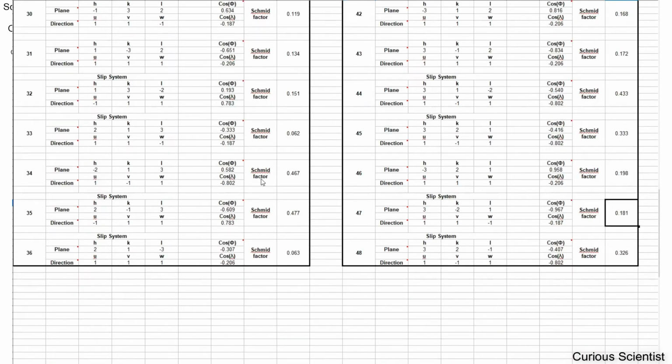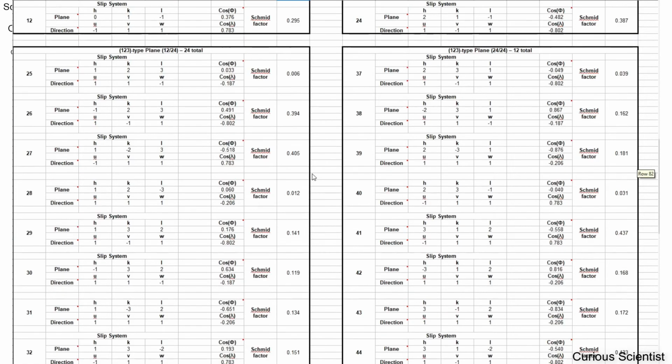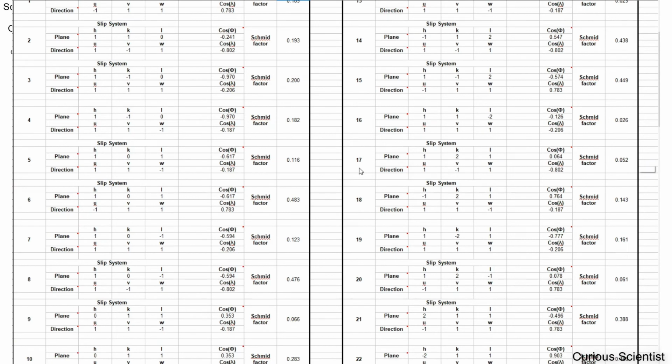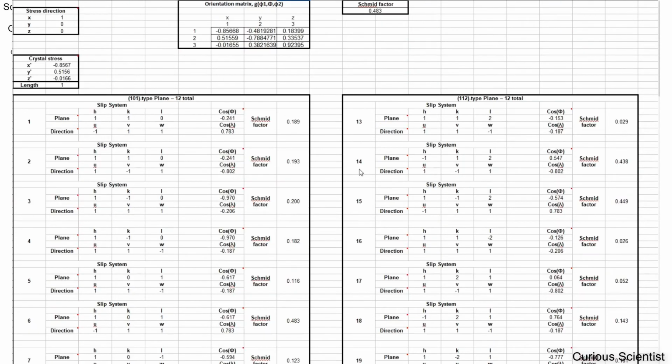I also did a trick here, that I don't care about the directions. You can see clearly that one of the numbers is negative, so sometimes it can happen that these numbers are actually negative, but we just don't think about the directions here. We just think about the magnitude of the Schmid factor, so we don't care if it's stress in the tensile direction or stress in the compressive direction.